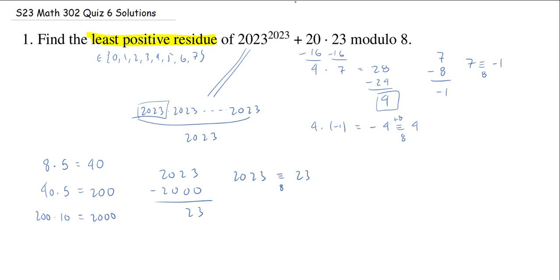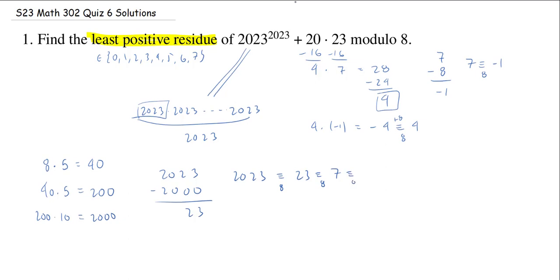modulo 8. Now 23, we actually already saw over here on the right-hand side. I could subtract 16, and that would give me a 7. But now I have to multiply 7 by itself 2,023 times. What if I use this further congruence?